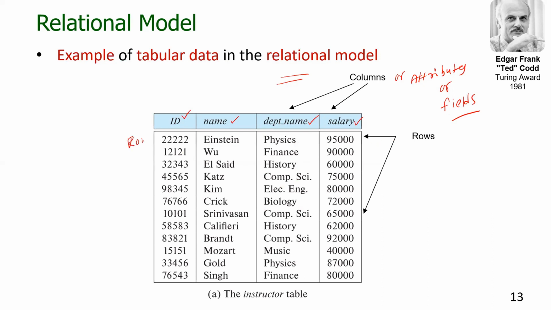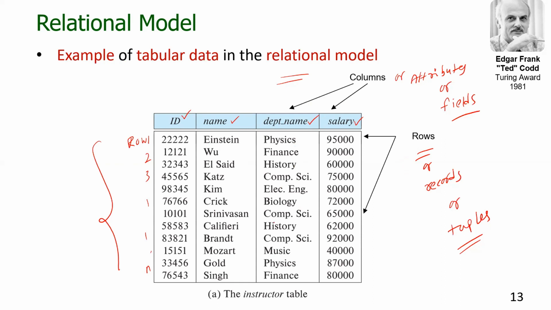Here you can see row 1, row 2, row 3 and so on, up to row n. These are also called records, also called tuples. In a relational database management system, these are the terminologies or notations we have to remember. This is the example of tabular data that can be represented in the relational model.